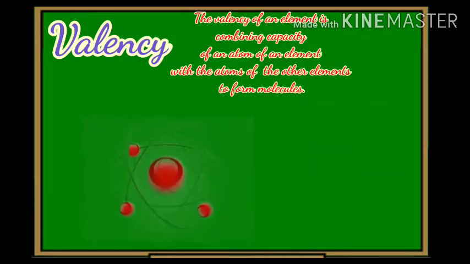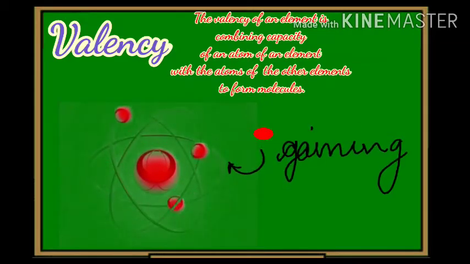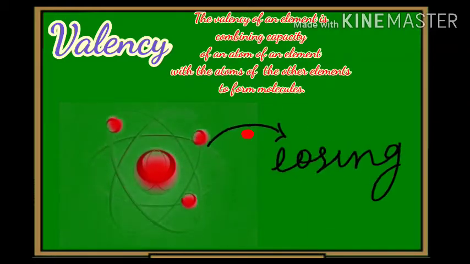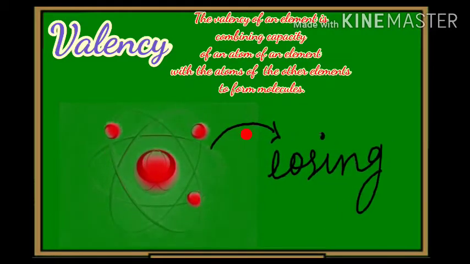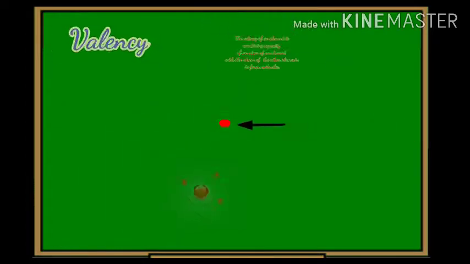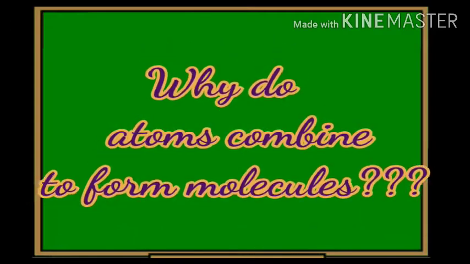to form molecules. Dear students, atoms combine to form molecules in order to attain chemical stability by gaining or losing or sharing electrons. Now we will study why atoms combine to form molecules.